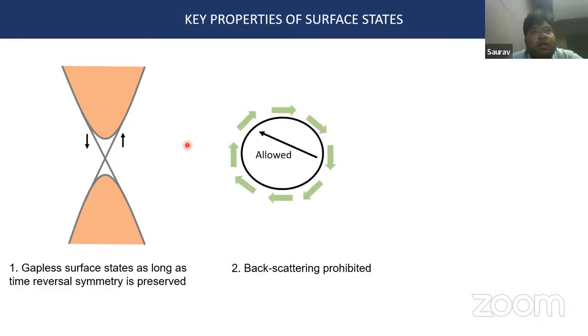The other key property, which is a consequence of topology and spin orbit coupling in these materials, is that backscattering is prohibited. So when an electron is going from one point to another, it can scatter through all other angles, but 180-degree backscattering without changing its spin direction by 180 degrees is not possible.